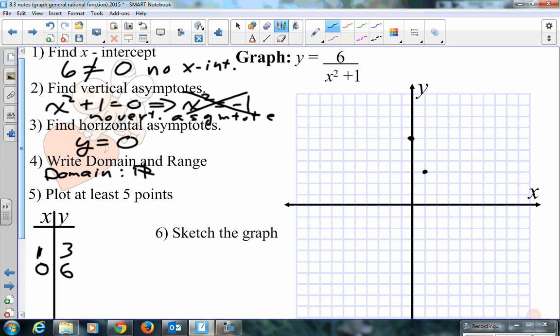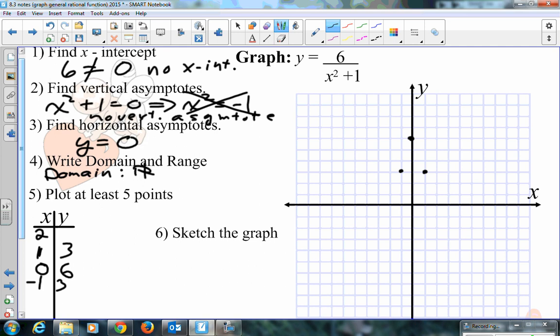Well, let's see what it looks like on the other side of 0. Let's do a negative 1. Well, negative 1 squared is 1, so that's going to be 6 over 2, which is 3 again. Okay, it looks like maybe I'm going to get some symmetry here. Look at the x squared, that kind of makes sense. Let's go one more.